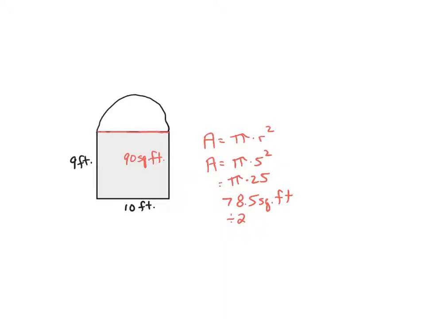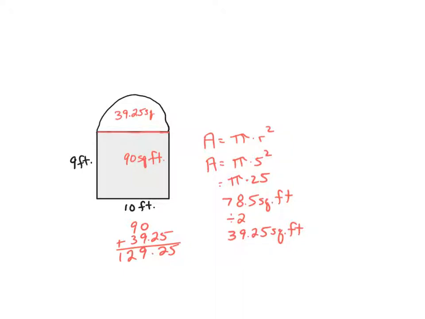If I take 78.5 and divide it by 2, I'm going to get 39.25 square feet. So the area of that half circle is 39.25 square feet, which then I'm going to add to my 90 square feet. So 90 plus that 39.25 square feet gives me a final answer of 129.25 square feet.